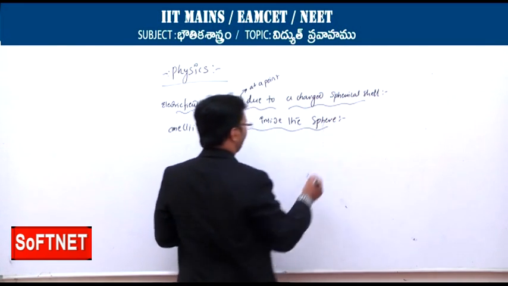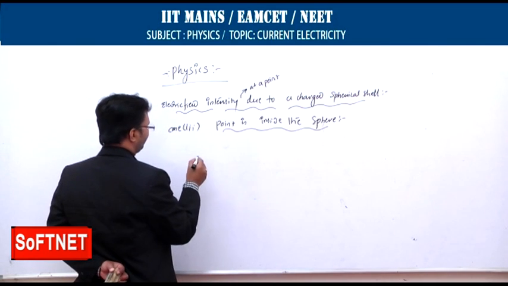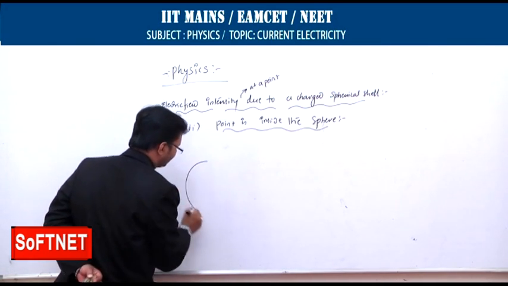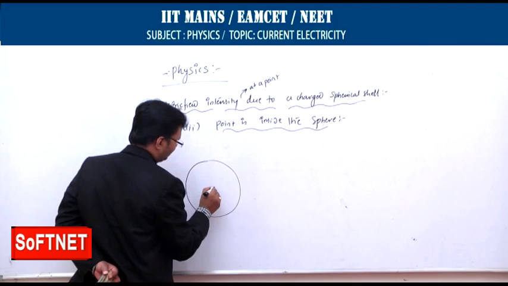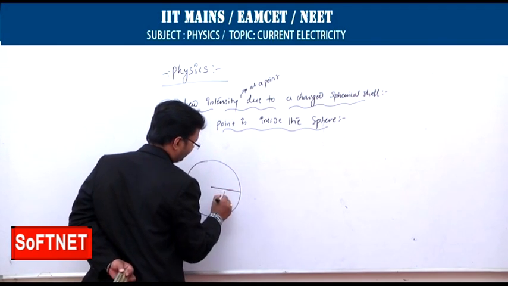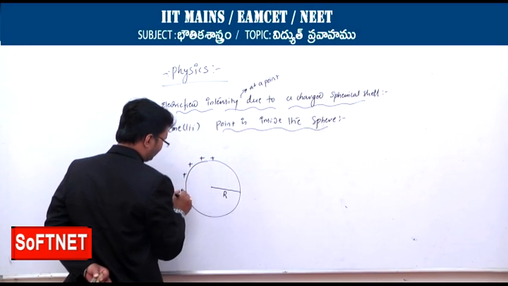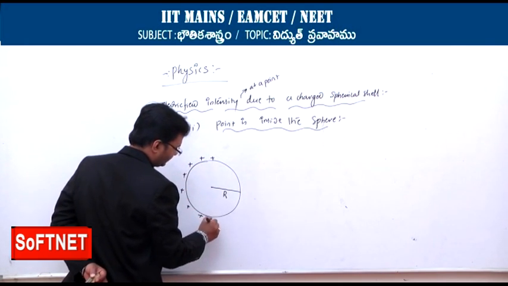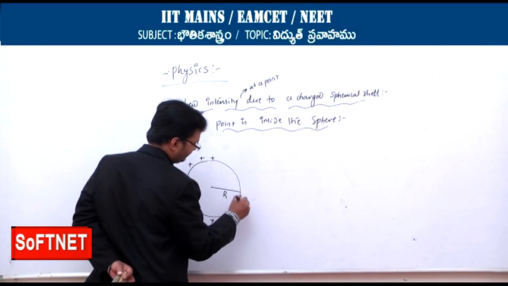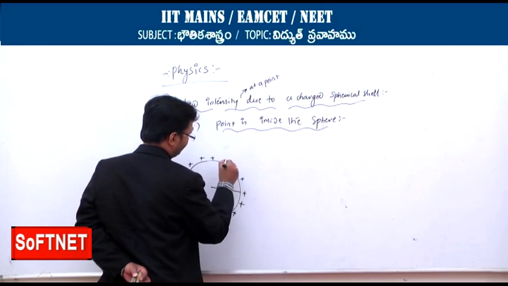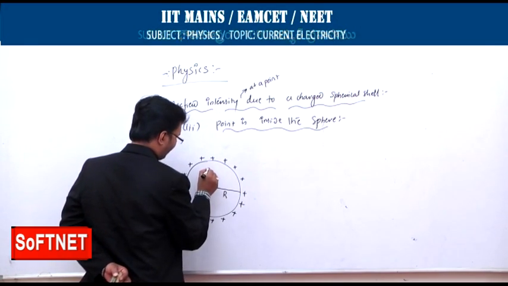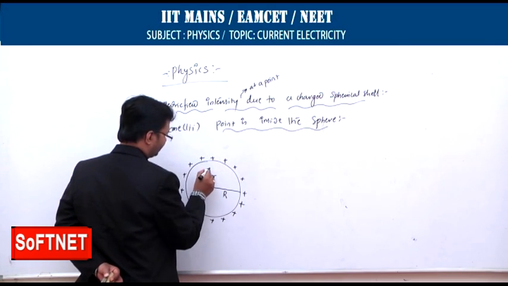The radius is capital R. Now the point is here, at a distance small r.